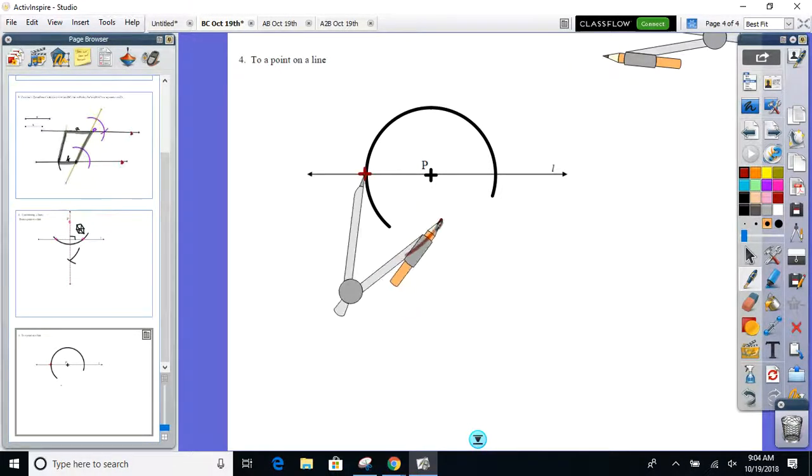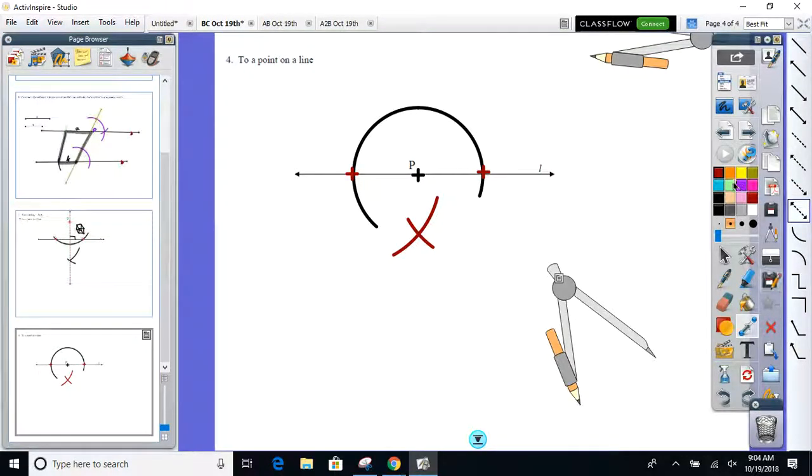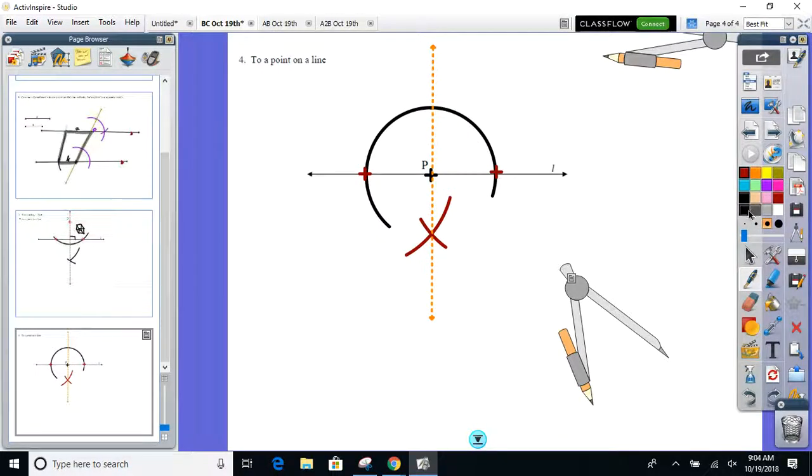The last 2 arcs. Any questions from you guys?